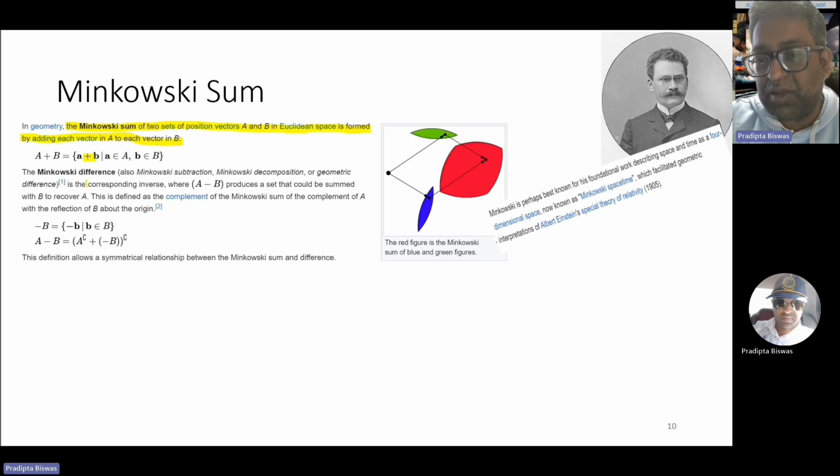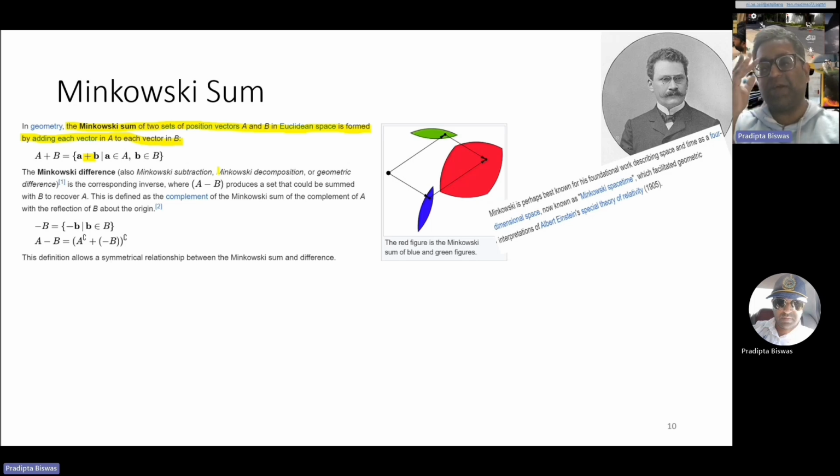So Minkowski is best known for his foundational work on describing space and time as a 4-dimensional space, Minkowski space-time, which facilitated the generic interpretation of the general theory of relativity, where space and time are combined together and used to more accurately measure gravitational effects combined with time.